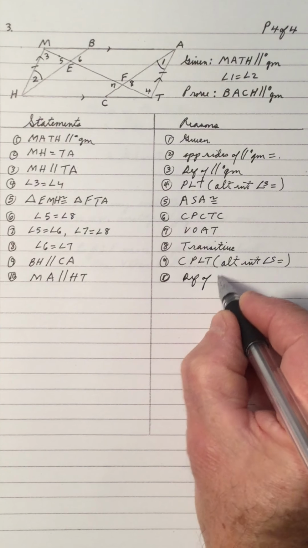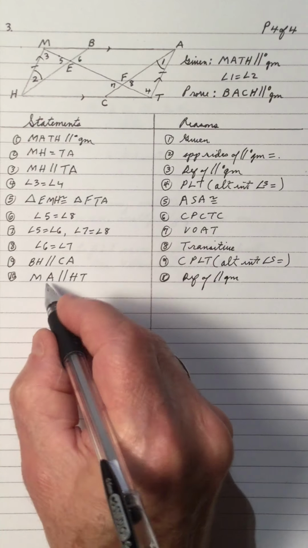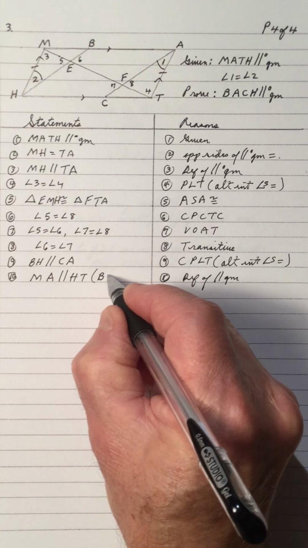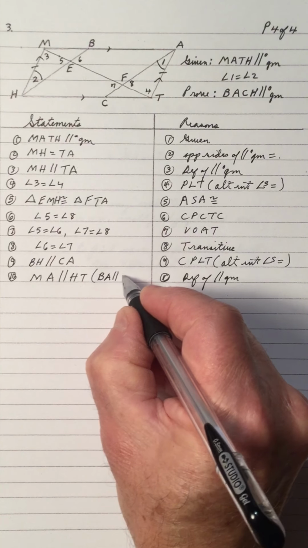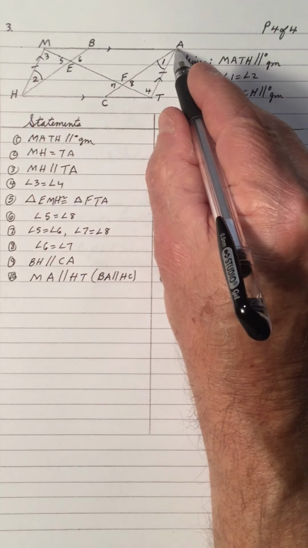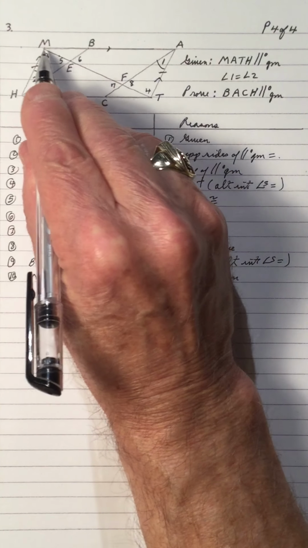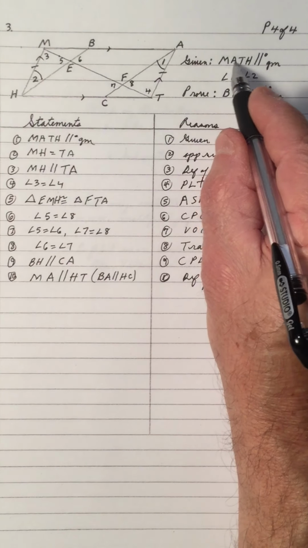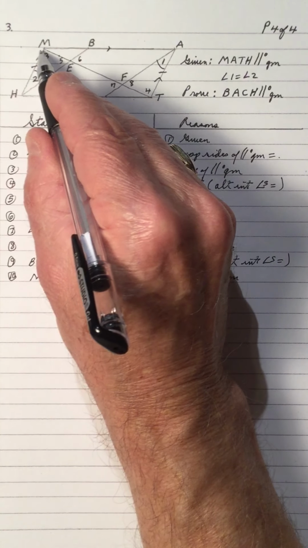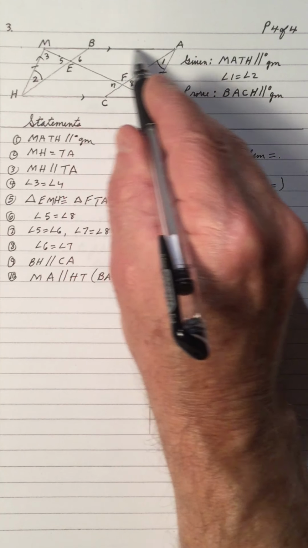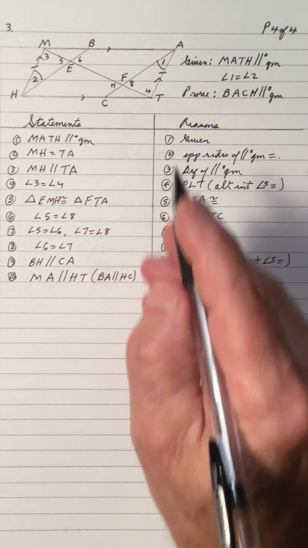Definition of a parallelogram. That means, if you want to put in brackets, that's the same as saying that BA is parallel to HC. Because MA is a part of this parallelogram MATH, if I say MA is parallel to HT, that's the same as saying that BA is parallel to HC.